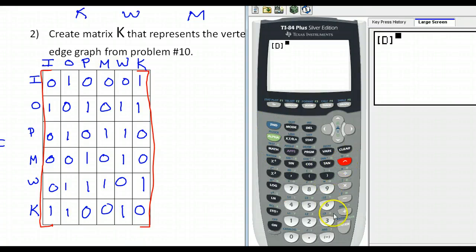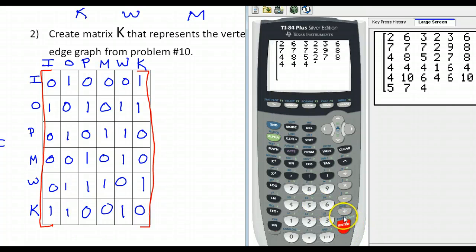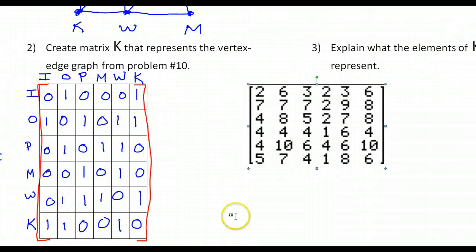I'll use caret 3, we'll do it to the third power. So I have this matrix. I'm just going to cut and paste this onto the worksheet. So this matrix is K to the third power.